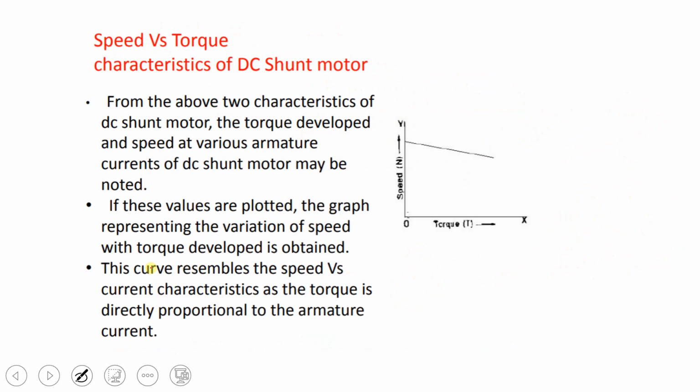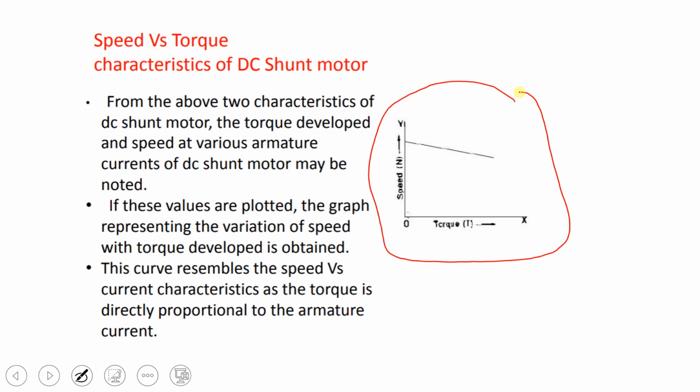The third characteristic is speed versus torque characteristic of DC shunt motor. From the previous two characteristics, the torque developed and speed at various armature currents of the DC shunt motor may be noted, and if these values are plotted, we get this type of graph of torque versus speed.